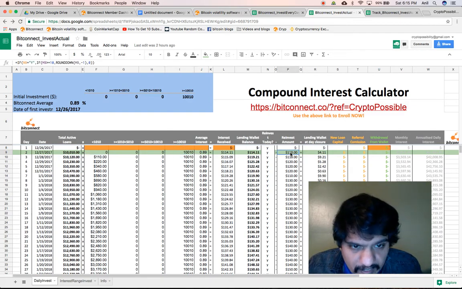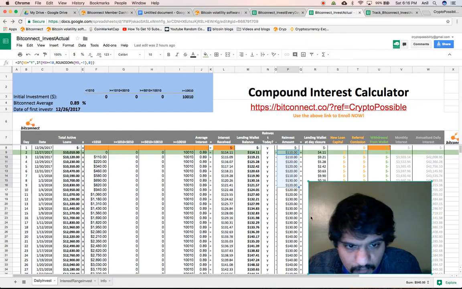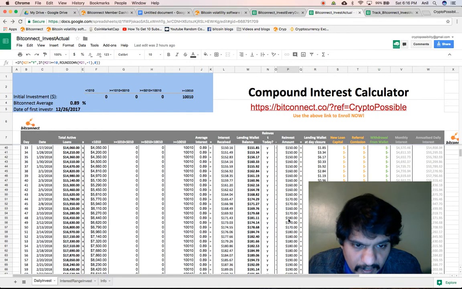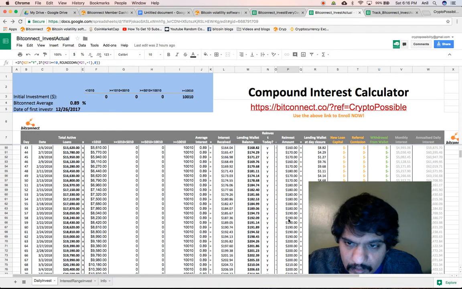When we get these interest values, I add them directly into that bucket. So all the reinvestment interest less than 10,010 gets added here.